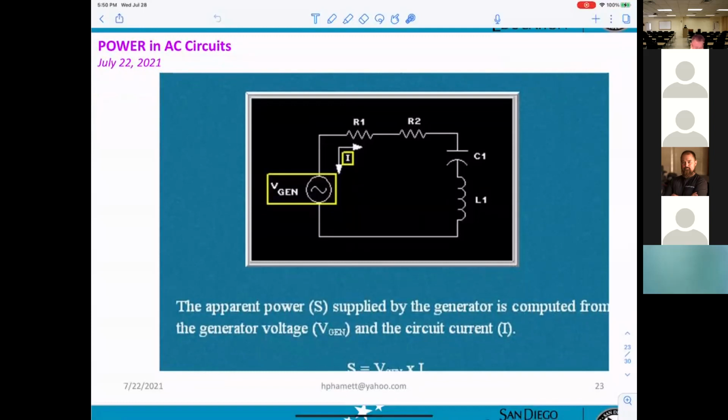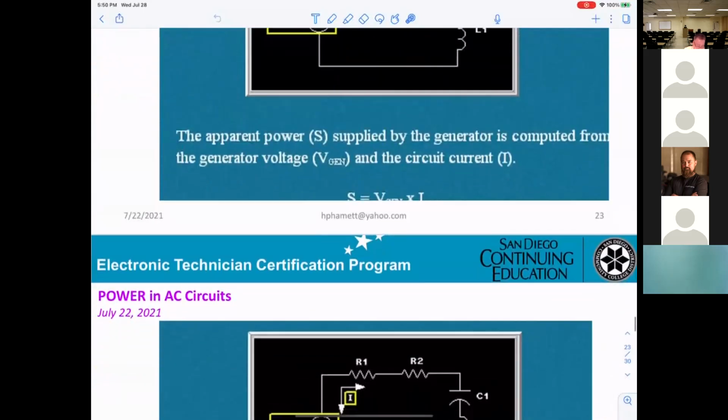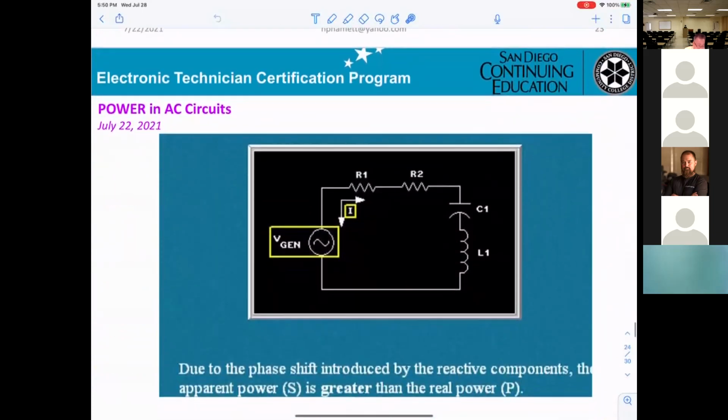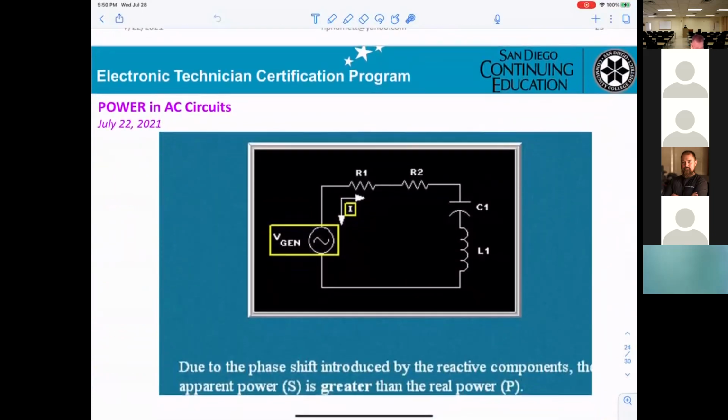That means S equals V generator times I. Due to the phase shift introduced by the reactive component, the apparent power is greater than the real power.